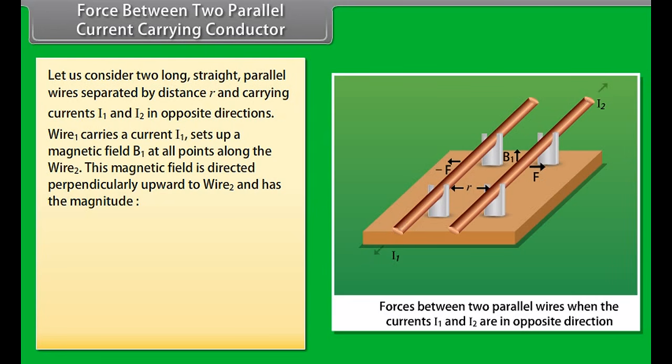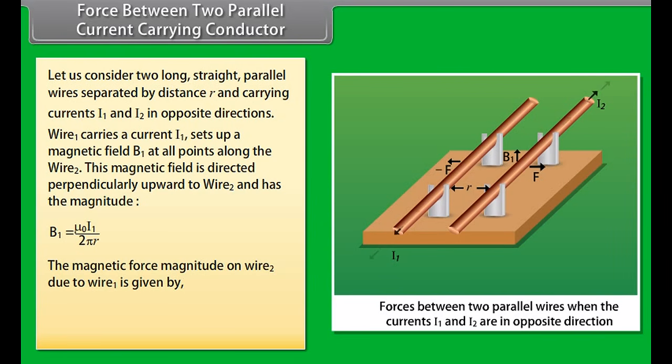This magnetic field is directed perpendicularly upward to wire 2 and has the magnitude equal to mu naught I1 divided by 2 pi r. The magnetic force magnitude on wire 2 due to wire 1 is given by mu naught I1 I2 L divided by 2 pi r.